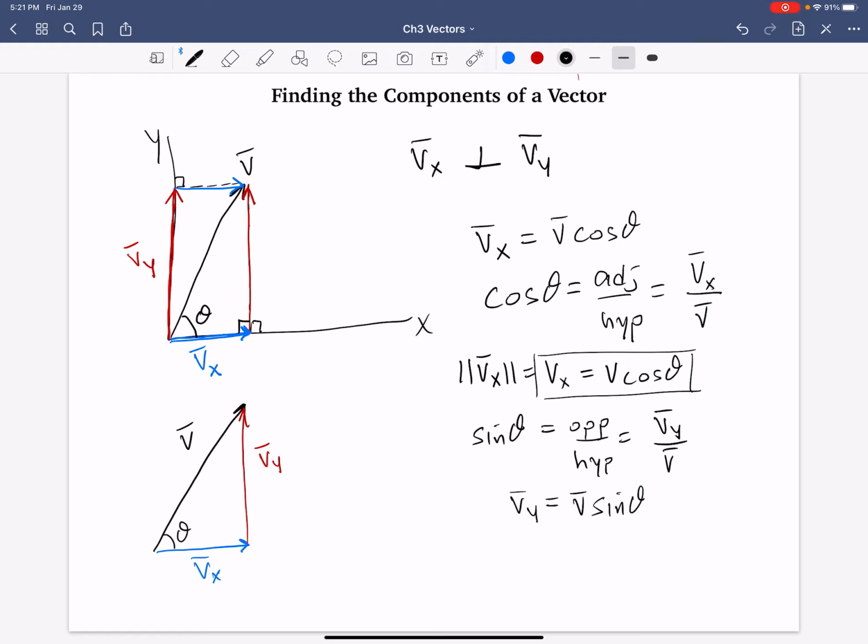If you wanted to write the magnitude as well, you can do that: V sine theta. It's of the exact same form as Vx up here, except it's sine instead of cosine. So this is a way to find the expression for the x component, V cosine theta, and the expression for Vy, which is with sine.